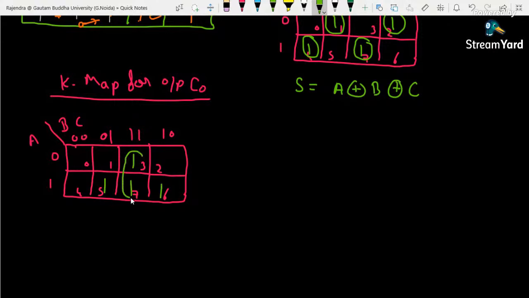Here 3 pairs are possible, so I'm making 3 pairs. Now C naught will be AB plus BC plus AC. This will be the simplified output expression for C naught.